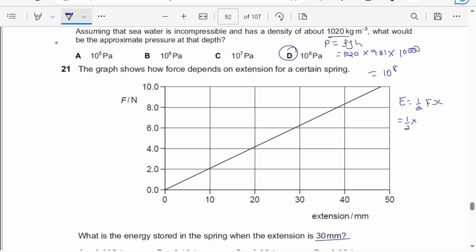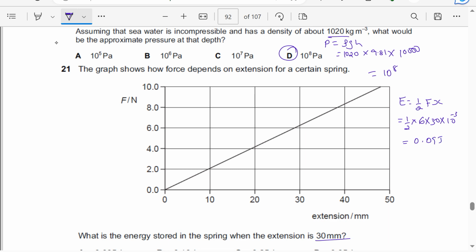okay, for 30 millimeters, I will just check with the 6. So if I take 30 and 6, this is a half times 6 times 30 times 10 power minus 3. So this is giving me 0.09 joules.